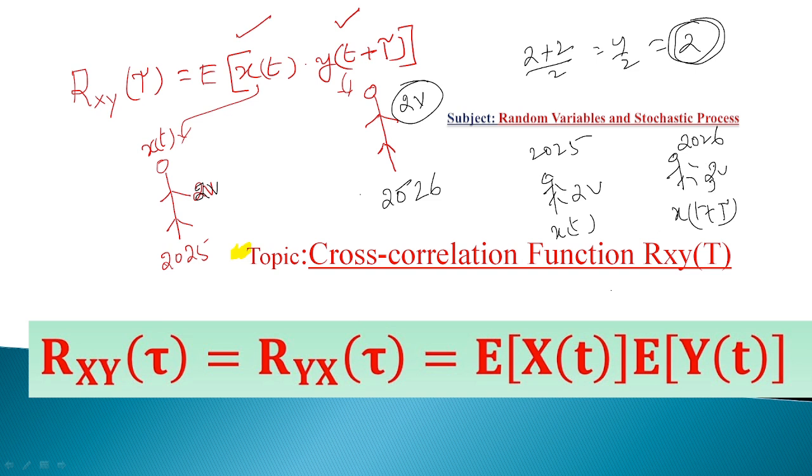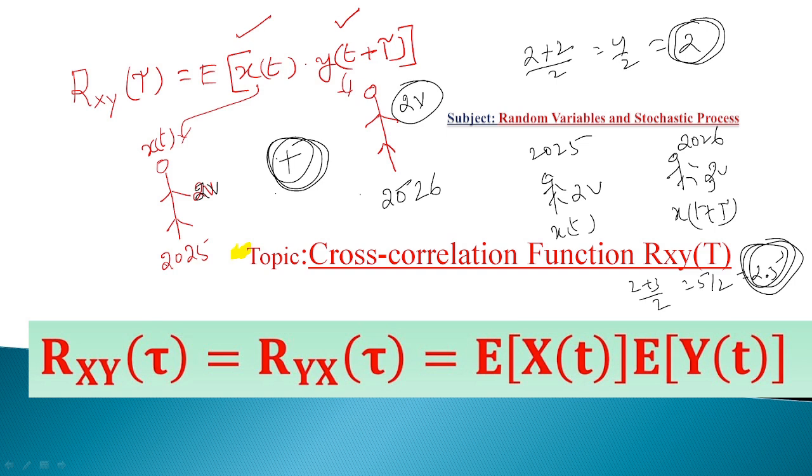Then 2 plus 3 by 2 equals 5 by 2 equals 2.5 is the average. This is the autocorrelation. The relation between the same signal at different time slots is called autocorrelation. Finally, the average of the signals is called the autocorrelation or else the cross correlation.